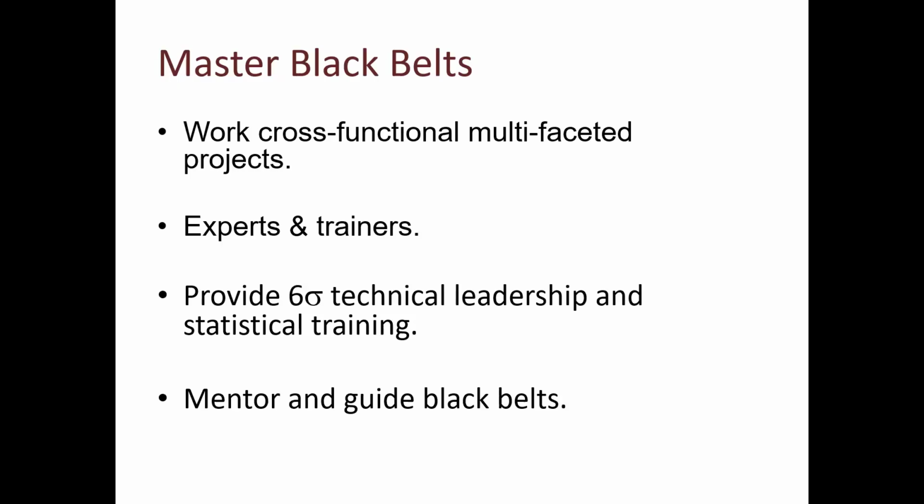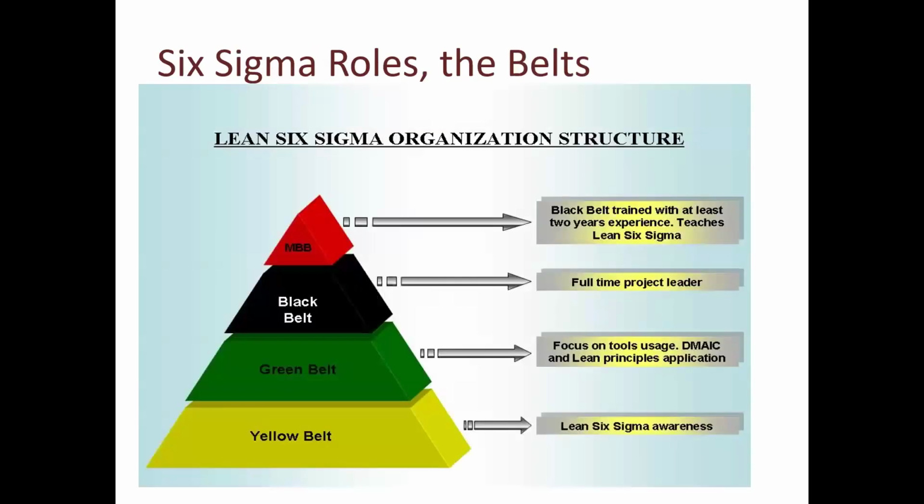They work on cross-functional, multi-faceted projects. They provide Six Sigma technical leadership and statistical training, and they mentor and guide the black belts. In the analogy we mentioned, they are like the postdoctoral fellow. This is the highest level of technical knowledge.